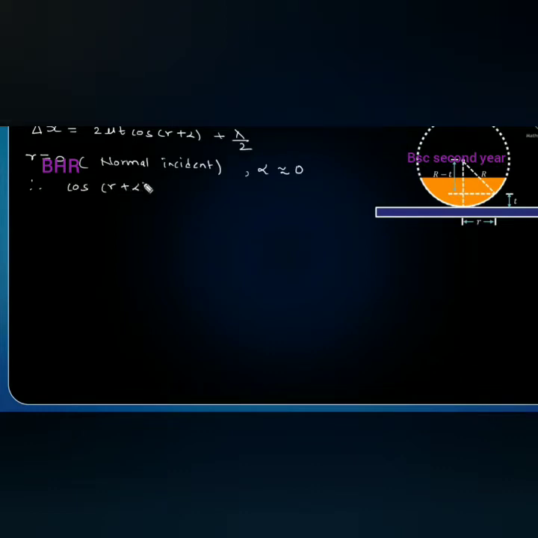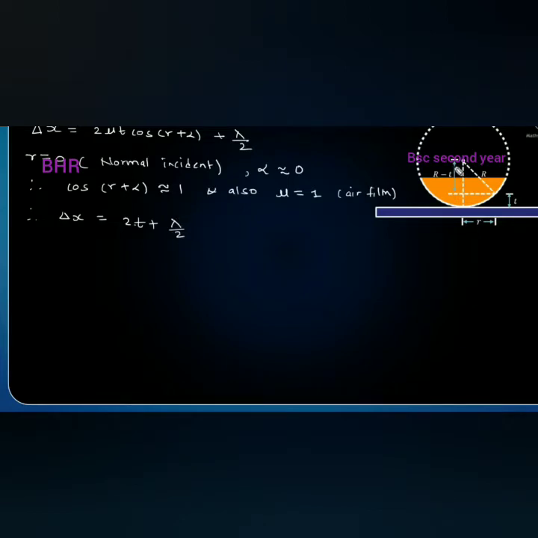Now cos of (r plus alpha) is approximately equal to 1, and mu is equal to 1 for air film. Now by substituting these conditions, the path difference becomes delta x equal to 2t plus lambda by 2.